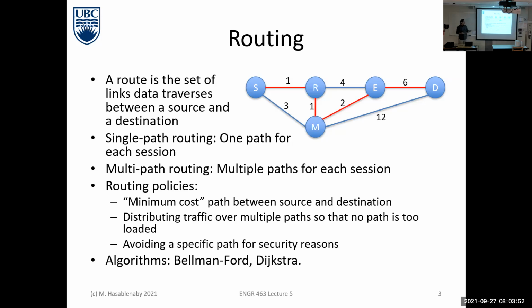Each source can take single path routing, one path for each session, or we may have multi-path routing, multiple paths for each session. The advantage of multi-path routing is that we distribute our traffic over multiple paths, so no path is too loaded. We don't want the path to be overloaded.